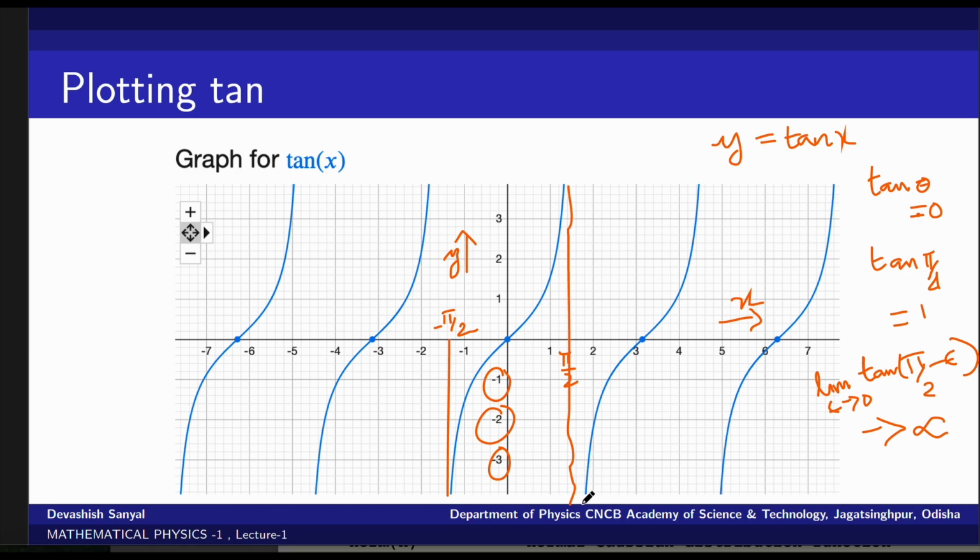So from there it is -infinity, and then it goes to 0, and again it starts rising, and again it goes to +infinity at what? 3π/2, isn't it? At 3π/2. So this is the 3π/2 line.